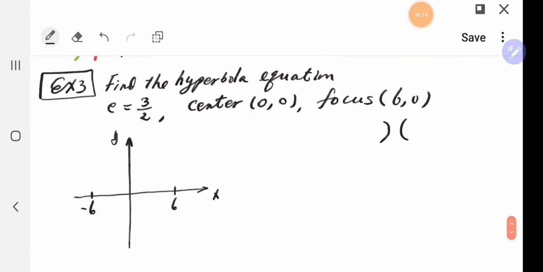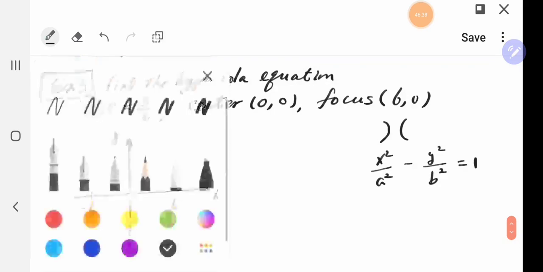Because the transverse axis is the x-axis, the equation should be x squared over a squared minus y squared over b squared is equal to 1. Since the center is 0, there's no h and k value; h and k are zeros.